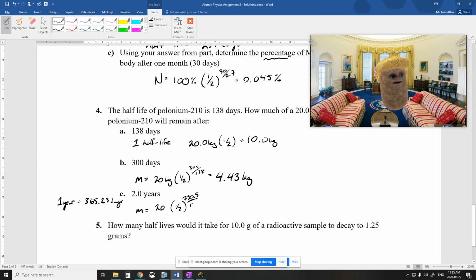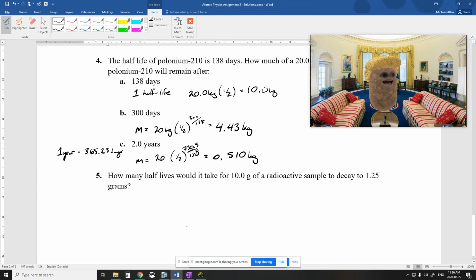So I just multiply that by 2, I got 700 and some, divided by 138. There we go. So we get 0.510 kilograms. Perfect.